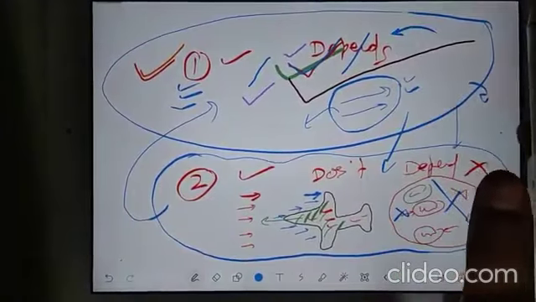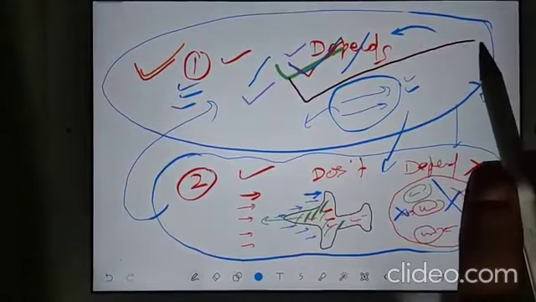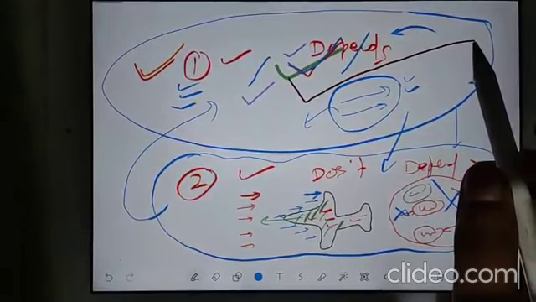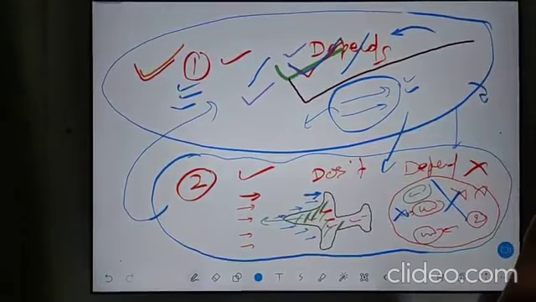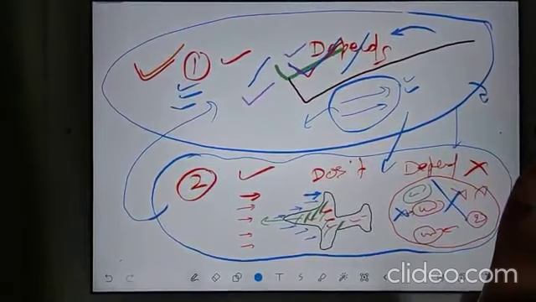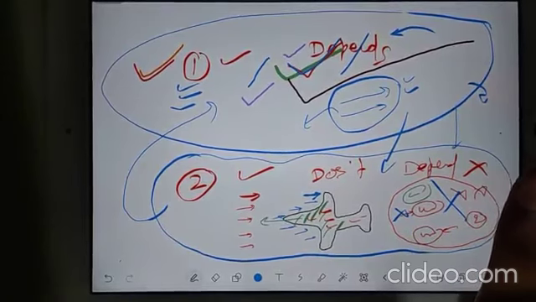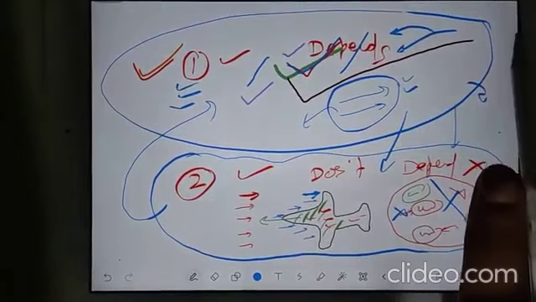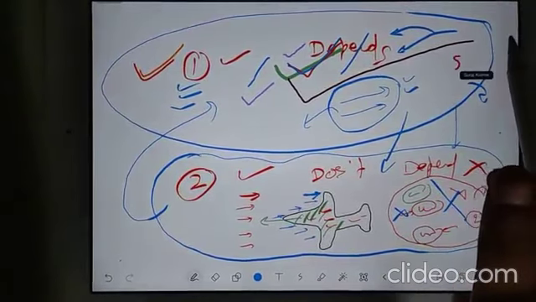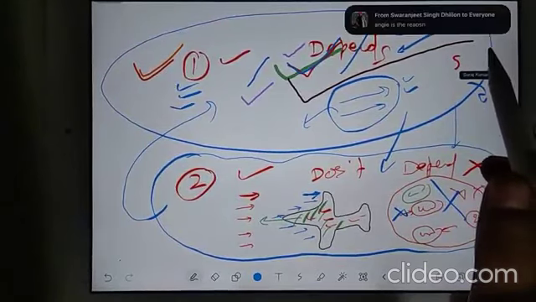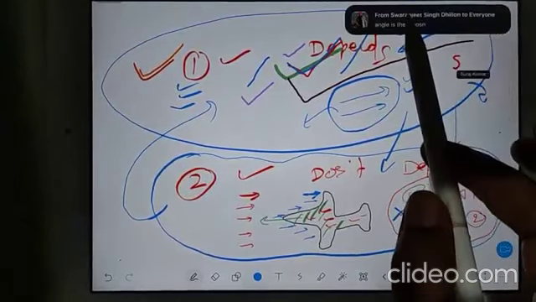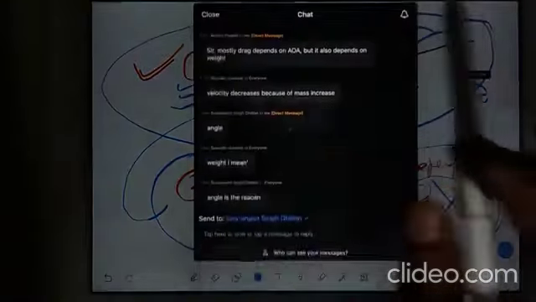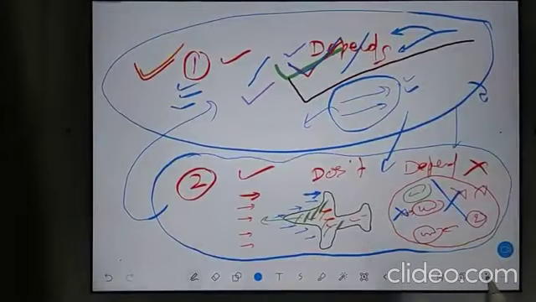No, I am not bothering about that weight which is changing with fuel. But there must be some relation, then only you can say it depends. Tell, Vedant.